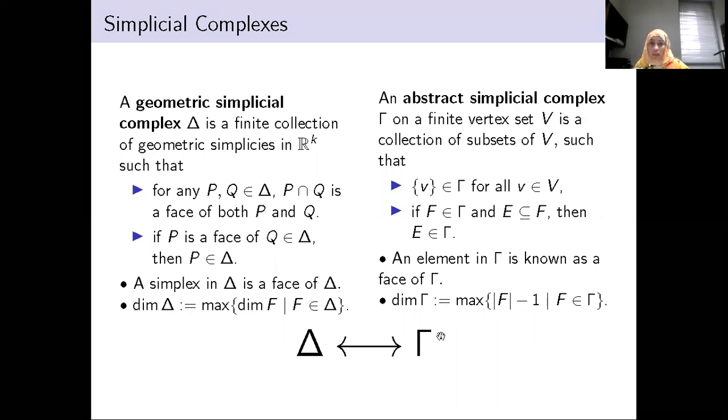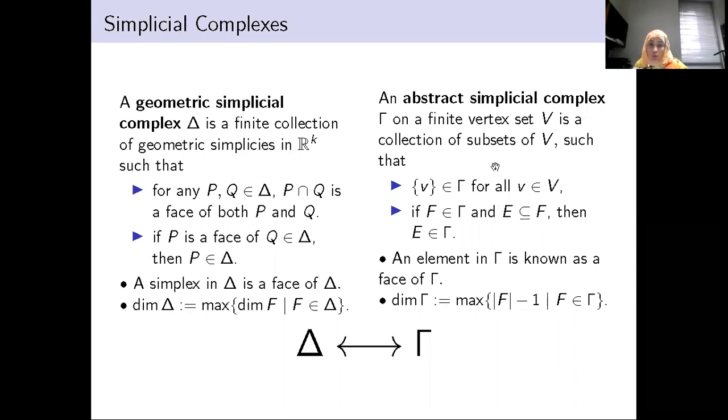So you get Gamma in this way. And if you have a Gamma, you consider a Euclidean space of dimension B, where the cardinality of V is, let's suppose, B. Corresponding to each vertex, you consider the basis unit vectors.